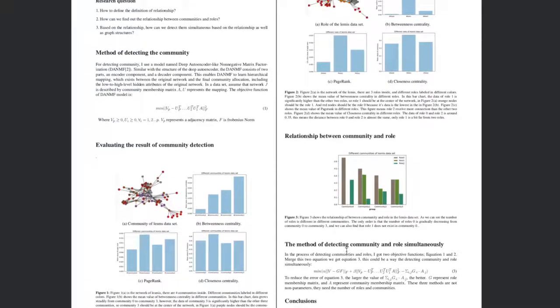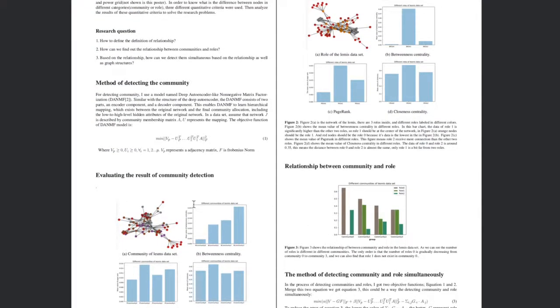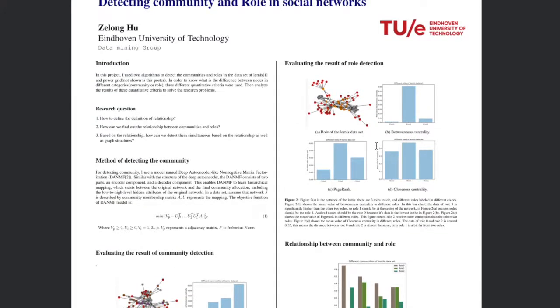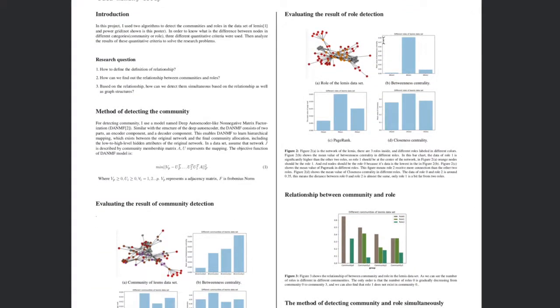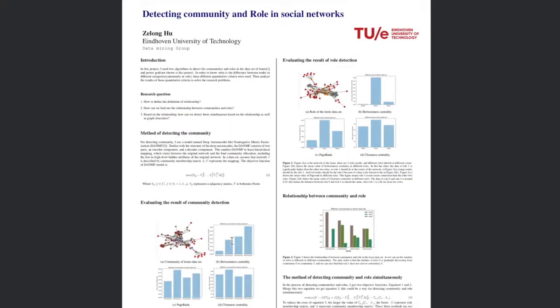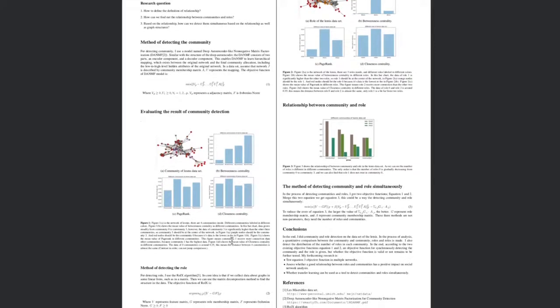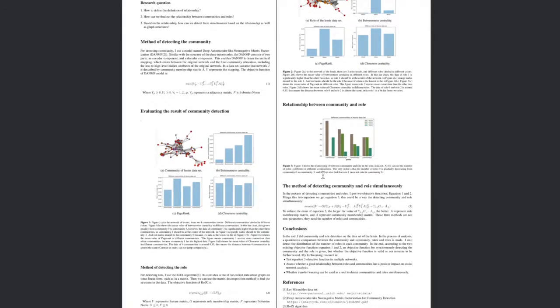So for multitask, I think one task can do community detection, and the other task can be used for role detection. So maybe multitask can try to detect them simultaneously. And that's all I did in my project.